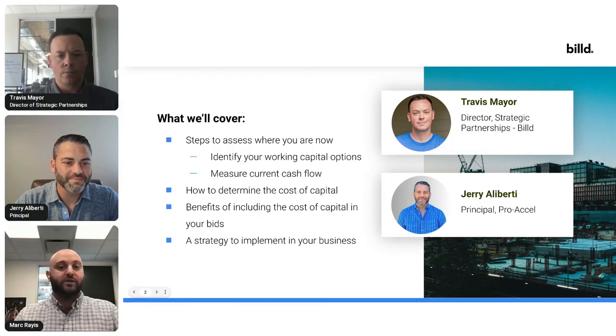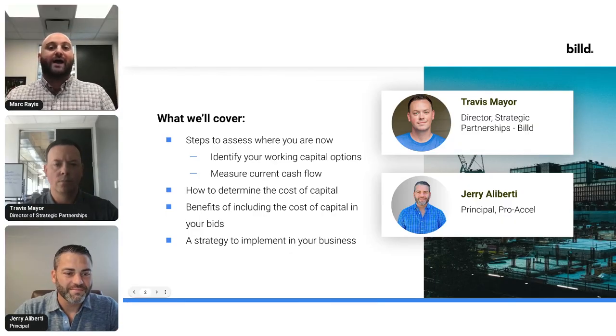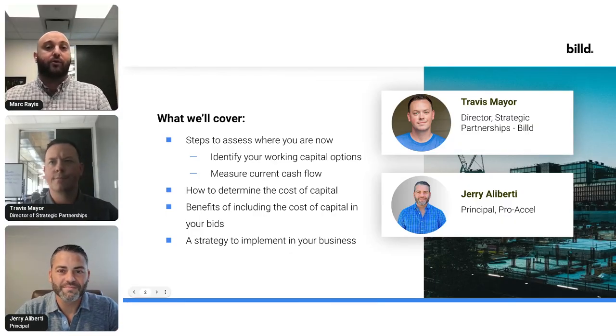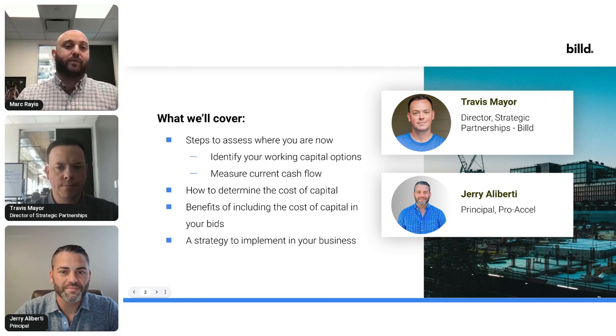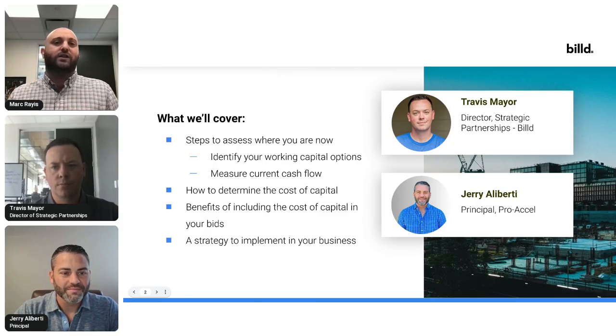On today's meetup, we're going to be discussing the importance of accounting for the cost of your working capital and including that cost into your bids. So we will start by explaining the steps you can take to better understand what your working capital options are and to measure your current cash flow to get a clearer picture on what your financial options are.